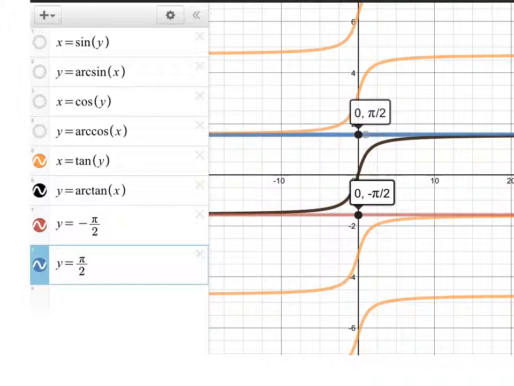Well, the domain is all reals, right? Because tangent goes down to -infinity, up to +infinity. It just has the vertical asymptotes where x equals -pi/2 and +pi/2. So to limit it, that's what we call the range of the arc tangent, I'm sorry.